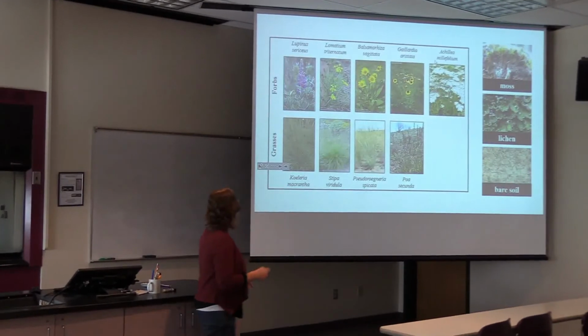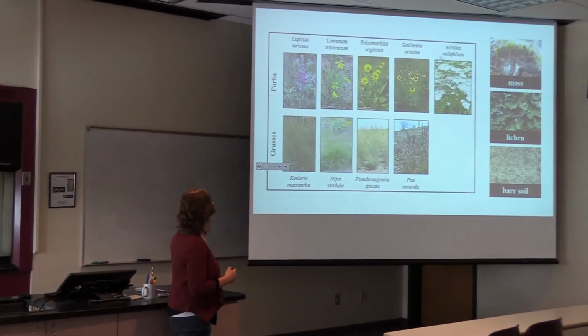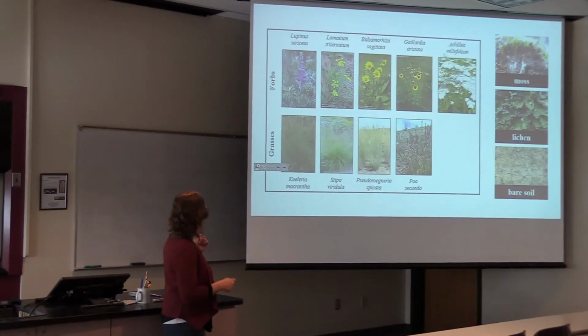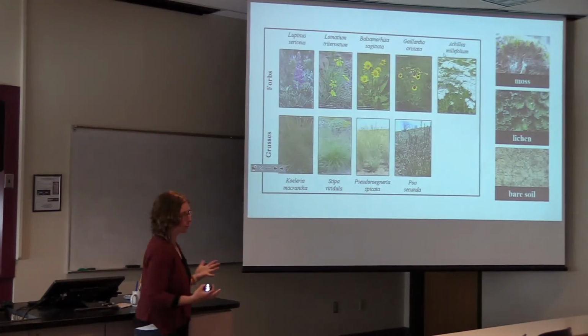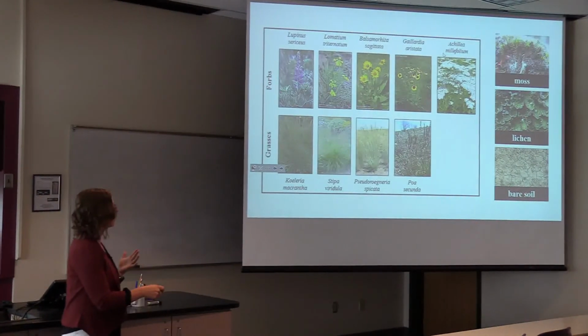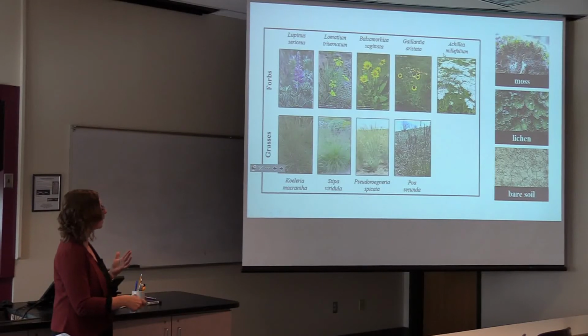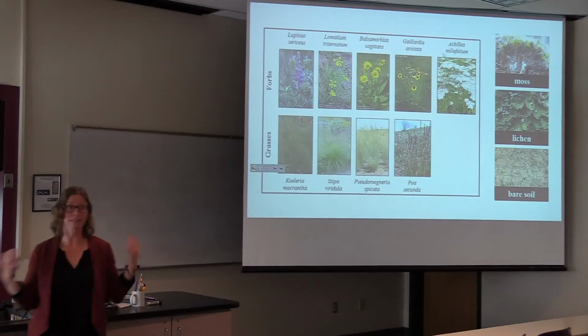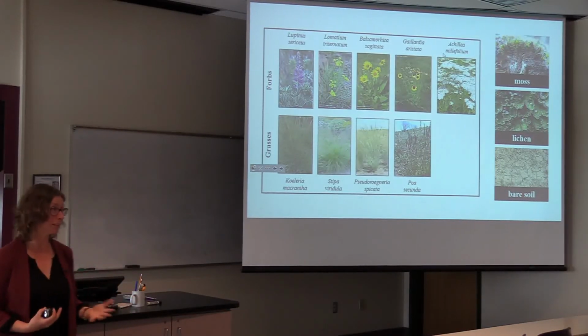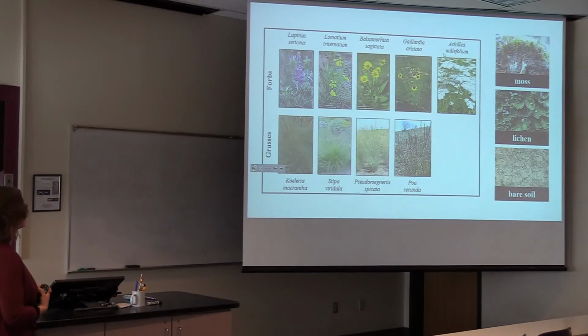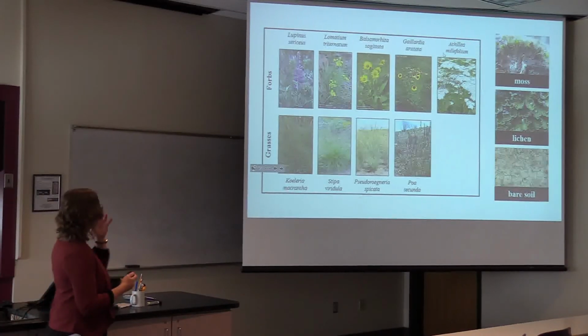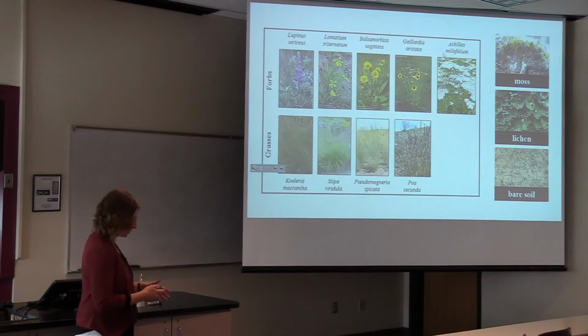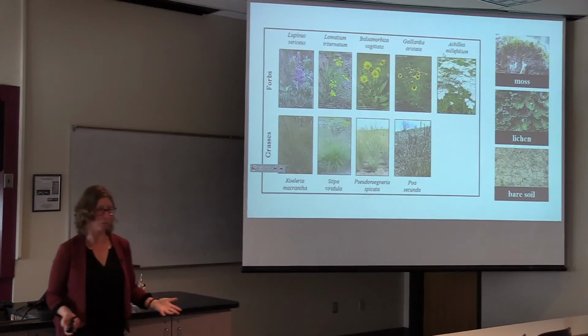And so in another recent study that we just started, we added the seeds of a small subset of grasses and forbs, again, to biocrusts dominated by moss, lichen, or to bare soil, just to see where we get the higher recruitment. I'm excited to see what happens there. But with the previous study and with this one, there are so many variables.